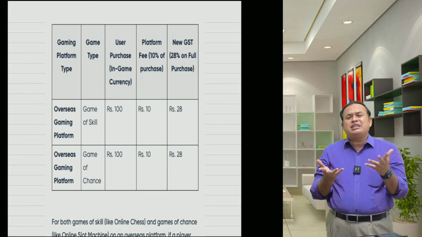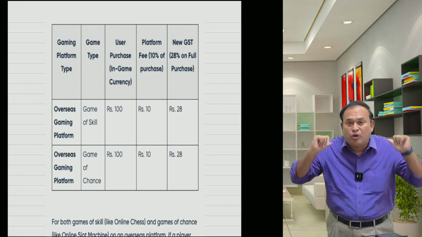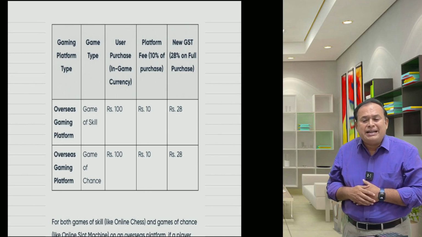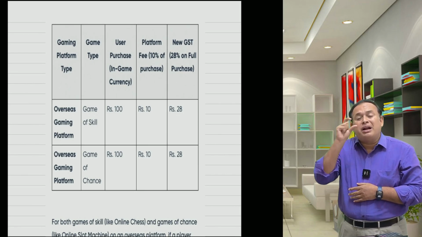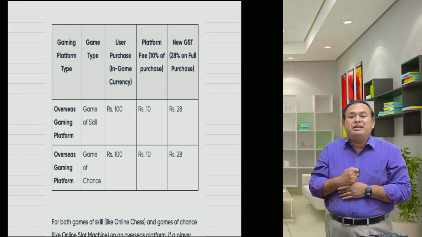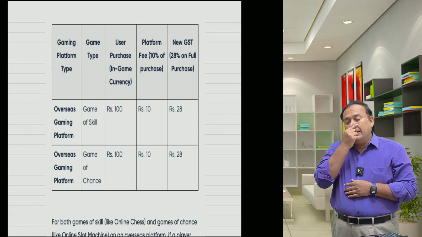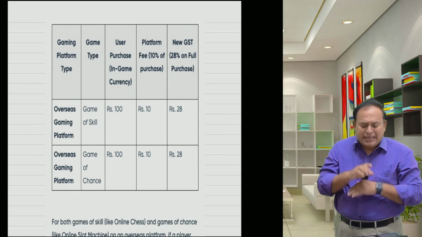But as long as it is online money gaming where payment is involved, suppose the bet amount is rupees 100, and the person who conducts the online money gaming gets a platform fee, meaning his consideration, of 10%, namely 10 rupees. Then what is the value of consideration? The entire bet amount.